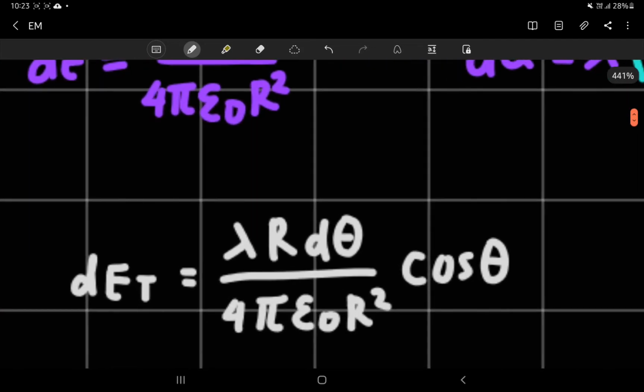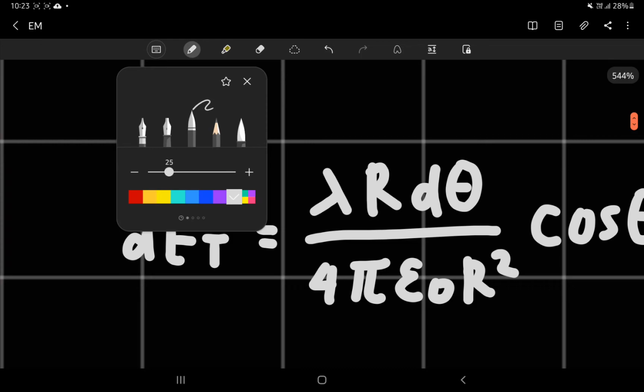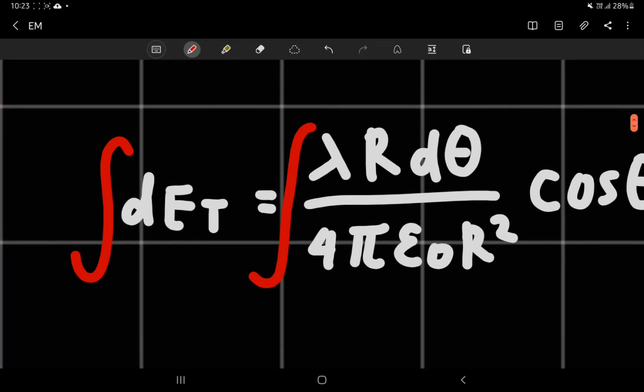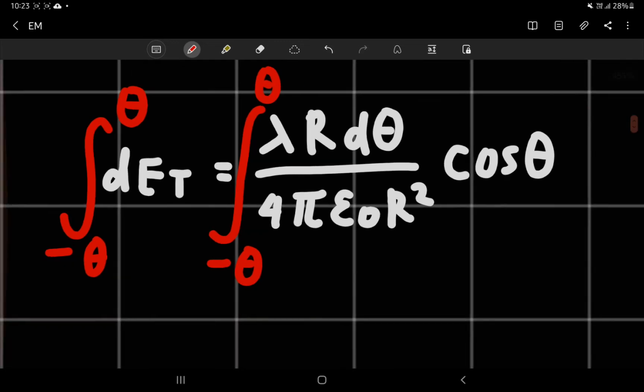We want the total, not the differential part, so we need to integrate from minus theta to theta.